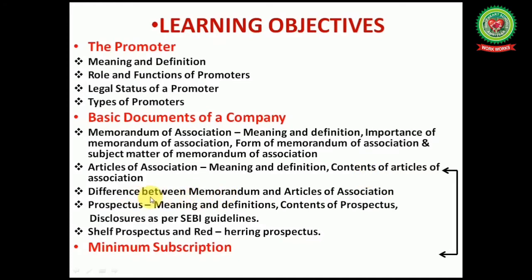Then we will discuss the difference between memorandum and articles of association. After that, prospectus, its meaning and definition and contents of prospectus and disclosures as per SEBI guidelines. After that, we will discuss shelf prospectus and red herring prospectus, and the last one is minimum subscription that today we are going to discuss.